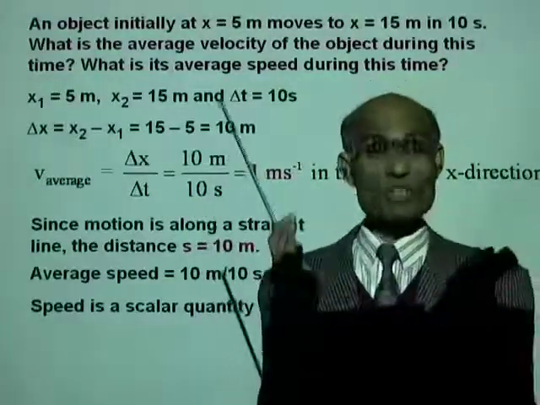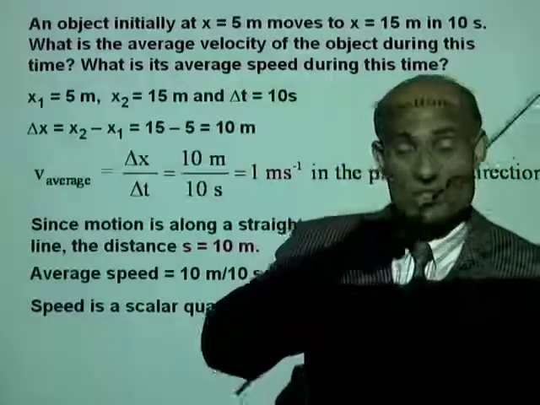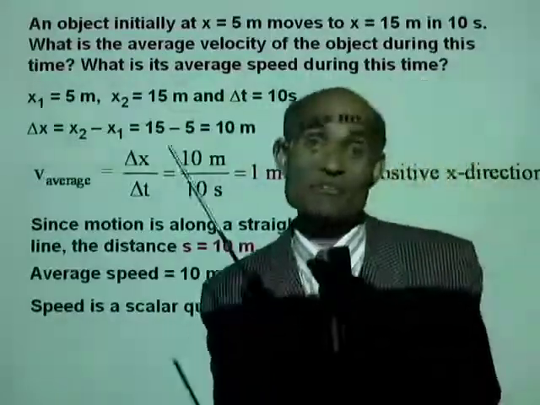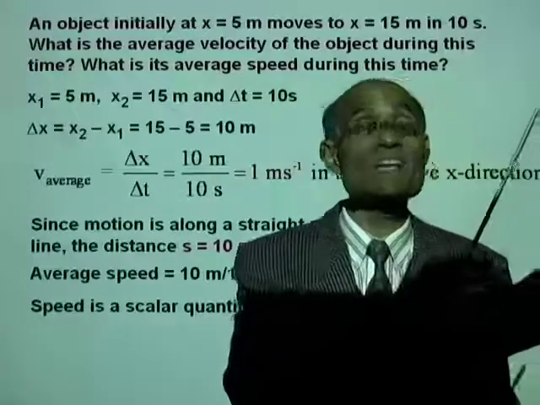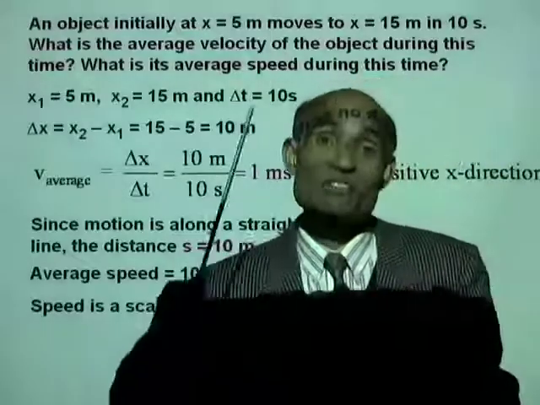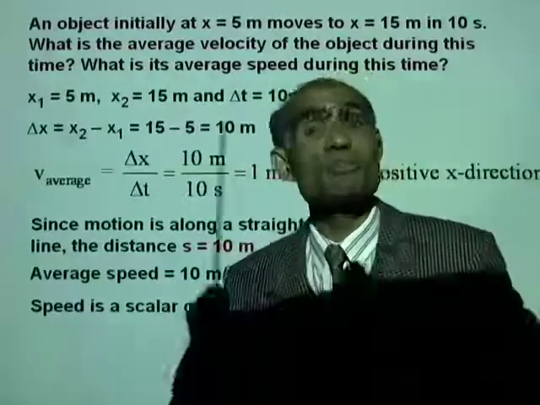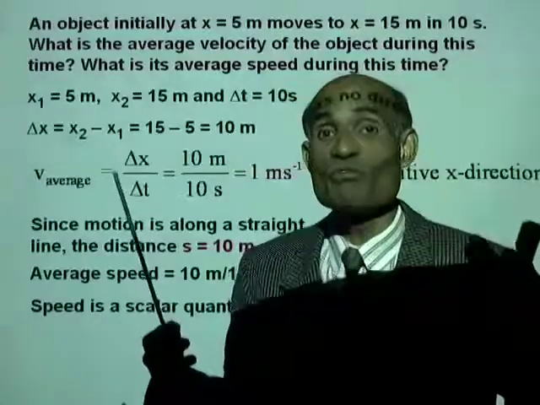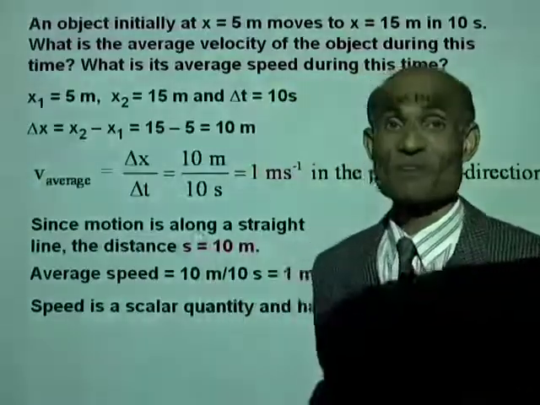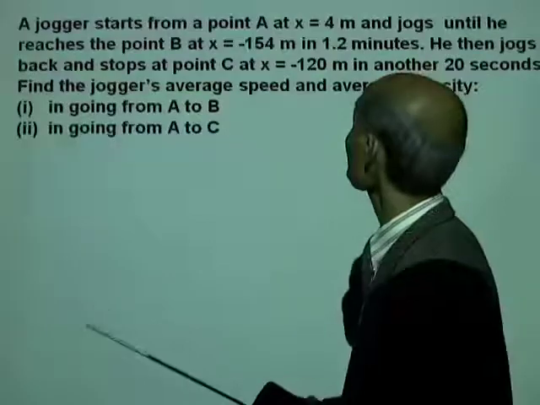So physical quantities can be separated as vector quantities and scalar quantities. Now, lesson 3 we will use completely for the study of vector quantities. Okay, let's do another problem.